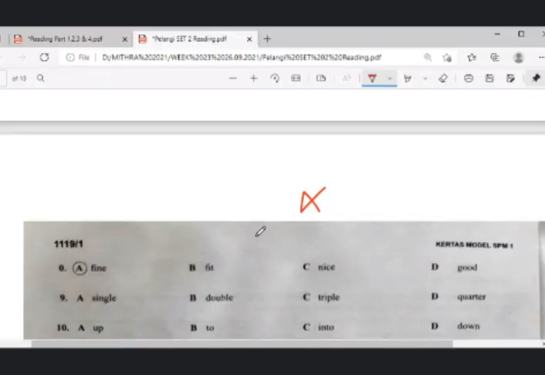So what do you think the answer for this question? Okay, I repeat. Number 9. A, season. B, program.